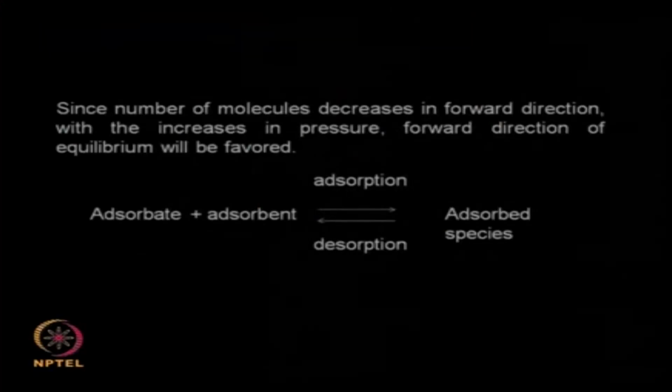In fact, the pressure swing adsorption, where you are generating nitrogen from air, is based on this principle. So air is passed at high pressure, and the nitrogen gets preferentially adsorbed on some adsorbent, and then afterwards the pressure is released, the nitrogen gets desorbed.